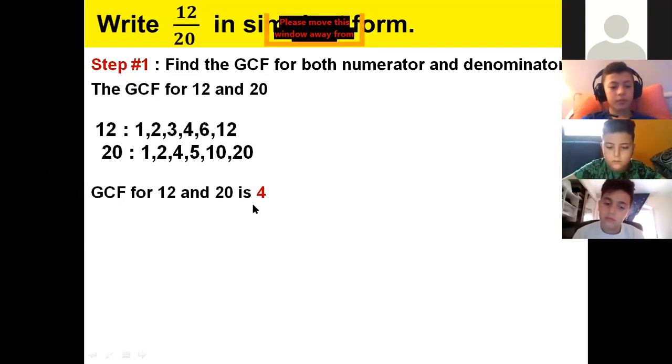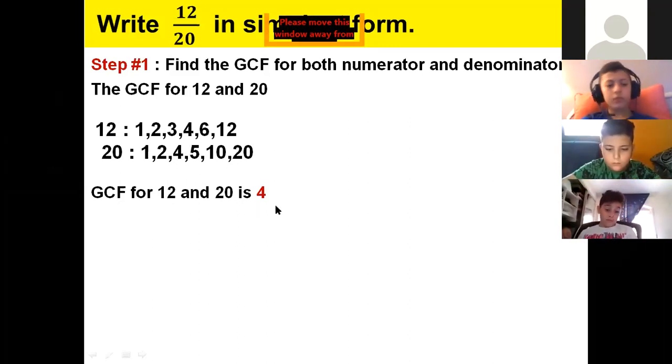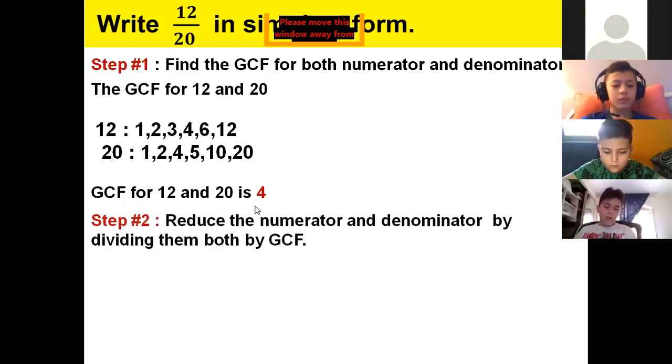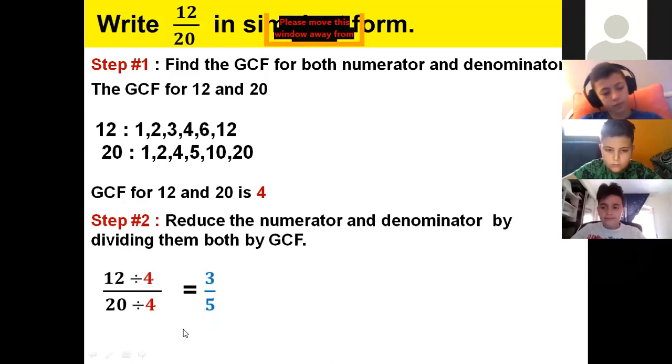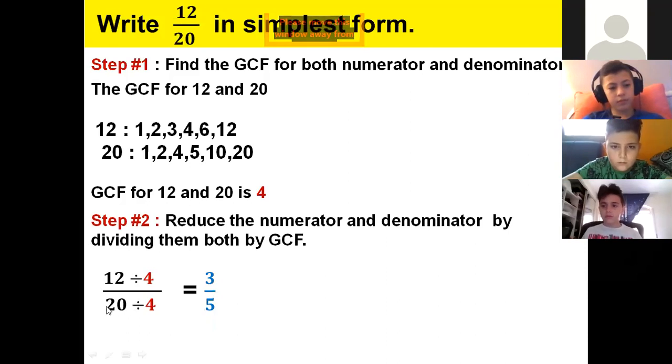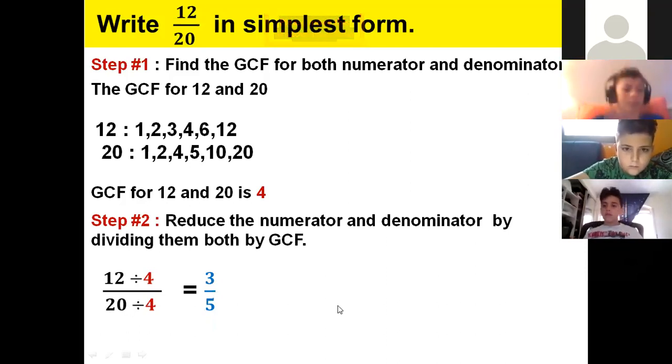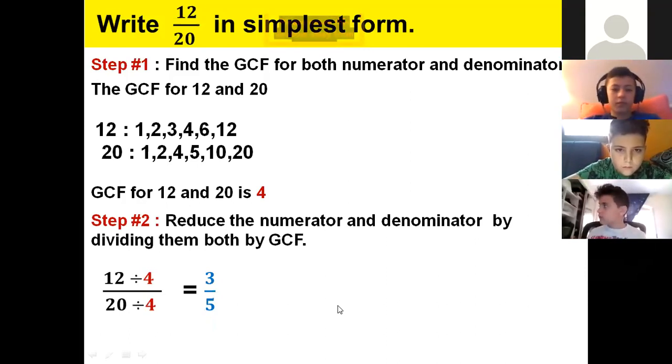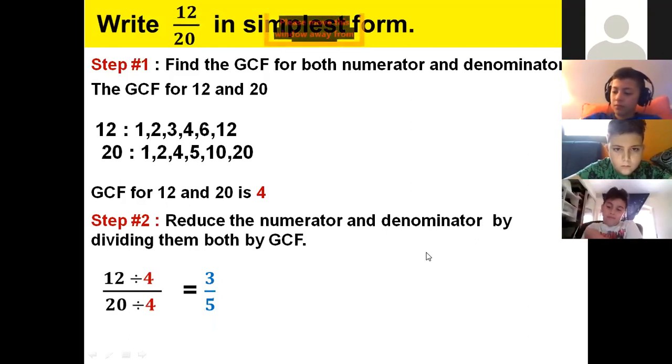So the greatest one is 4. We need to use that 4 by dividing the numerator and the denominator by 4. So 12 divided by 4 is 3, and 20 divided by 4 is 5. You can make sure of that. 3/5. 3 and 5 have nothing in common, so this is a fraction in simplest form.